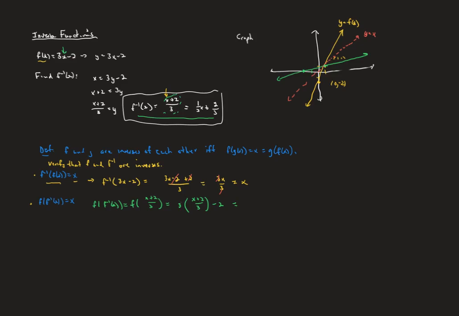So we can then cancel these 3's, and this simplifies to be x plus 2 minus 2, and then we can cancel those 2's, and so it is equal to x. So what we see is that these two things together verify that f and f inverse are in fact inverses of each other.